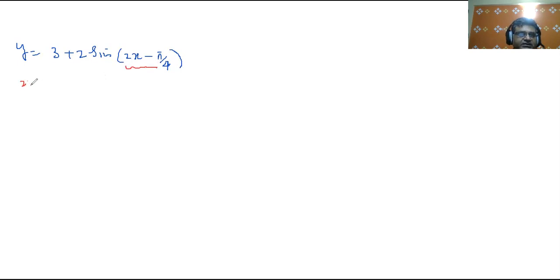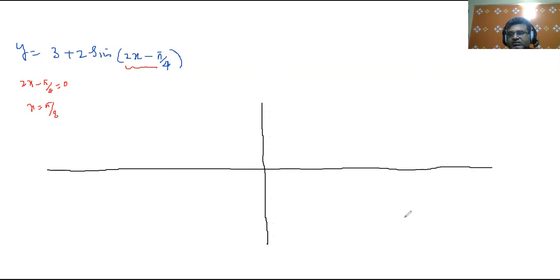We'll put 2x minus pi by 4 equal to 0. So x is equal to how much? Pi by 8. So we are going to plot everything in terms of pi by 8. Now watch. It's a very interesting graph. And also we can see y max will be equal to 5 and y minimum will be equal to 1.